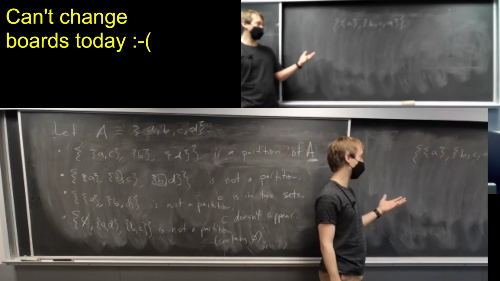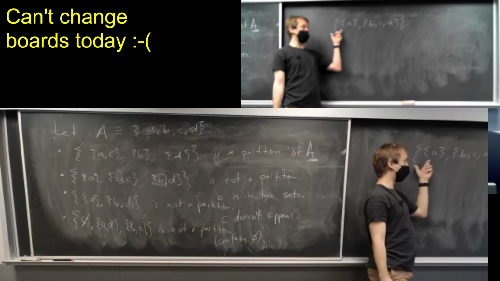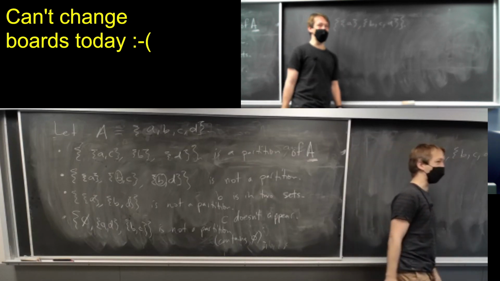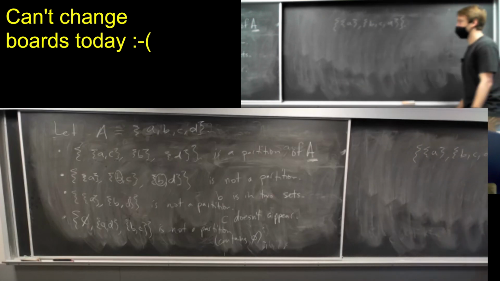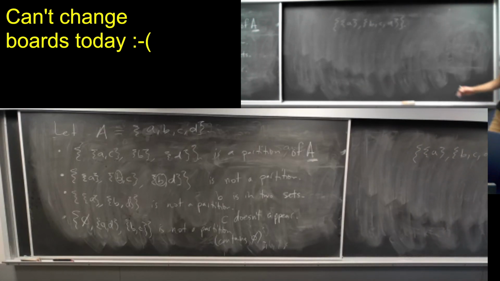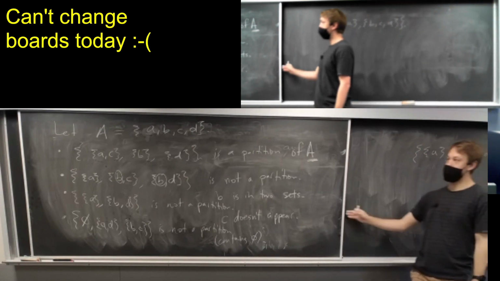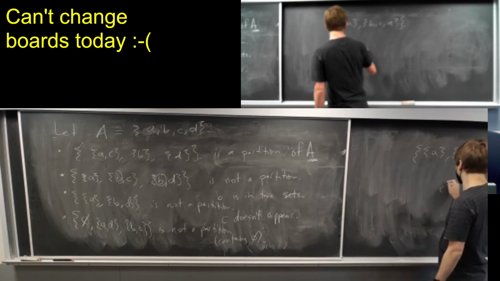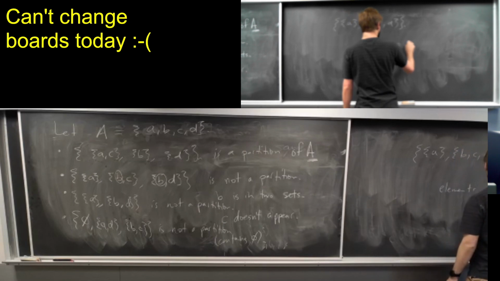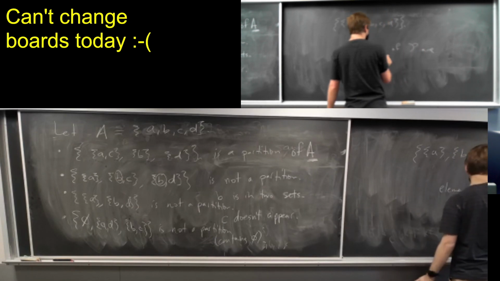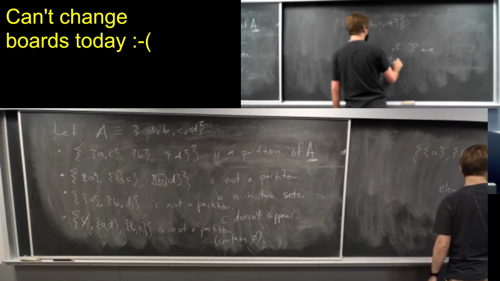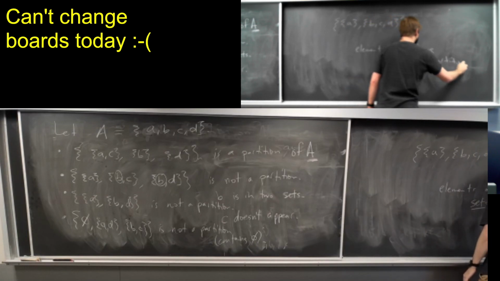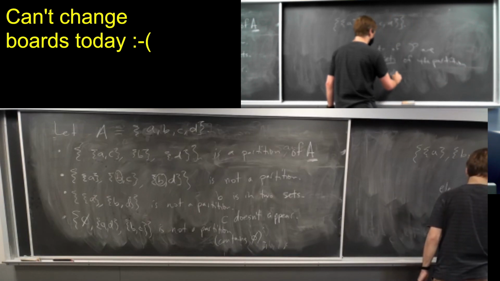There's a difference between writing two sets and writing the set containing those two sets. It's a very technical thing, but it's worth paying attention to. Another terminology thing: if I have a partition, the sets in the partition, we call them cells. So you can either say just the sets of the partition, but you can also call them cells of the partition.